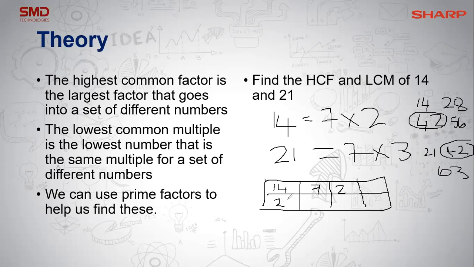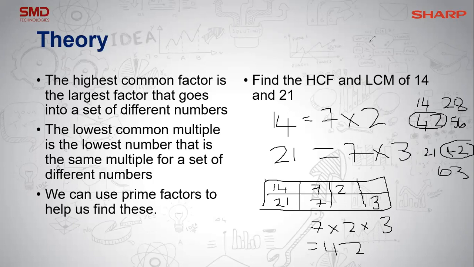And then we have 21, and the factors of 21 are 7 and 3. Then you just multiply the columns together. So we have 7 times 2 times 3 to give us our lowest common multiple. So 3 times 2 is 6, times 7 is 42. So our lowest common multiple is exactly the same.